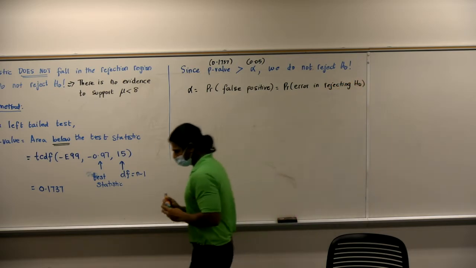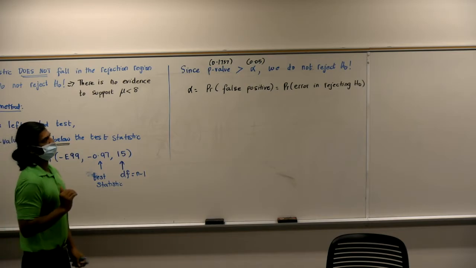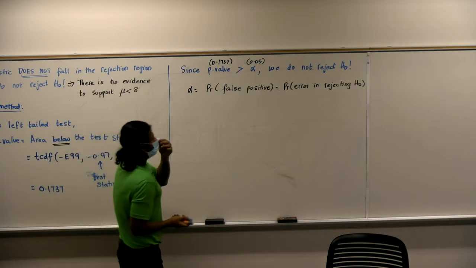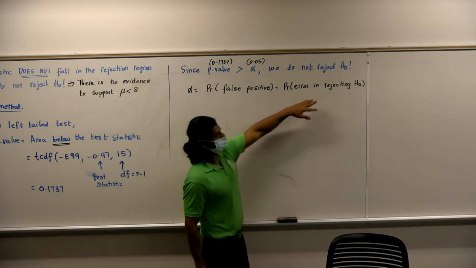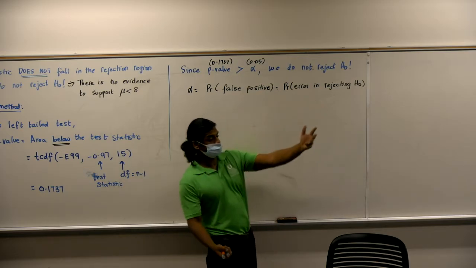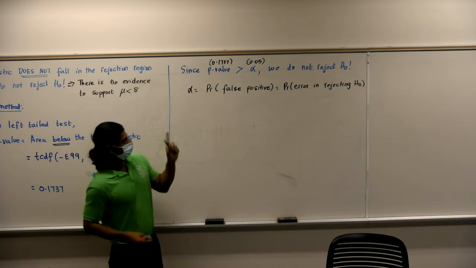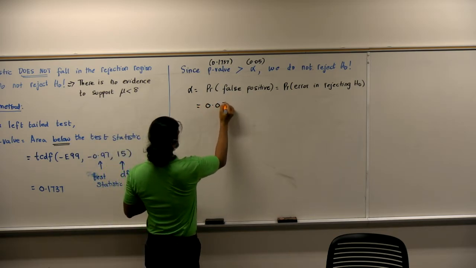It is the same as saying the probability of error in rejecting null. There are very technical ways to express this, and I don't want to get into that in a beginner level class. So I went over false positive, which is type 1 error, and it is the same as saying error in rejecting null. At the beginning of the problem, I said that that number has to be 0.05.